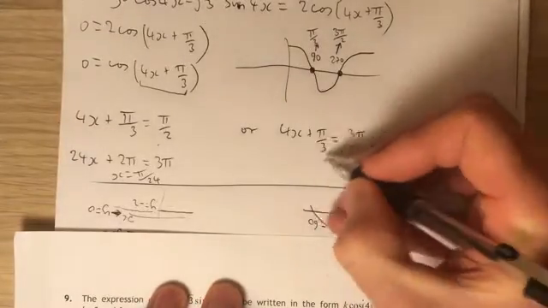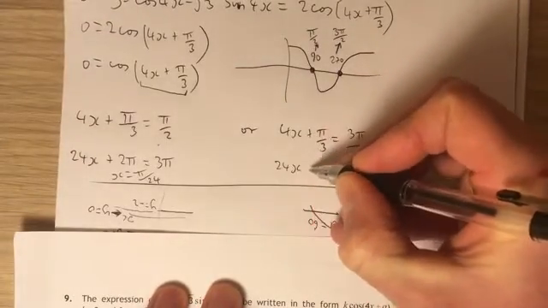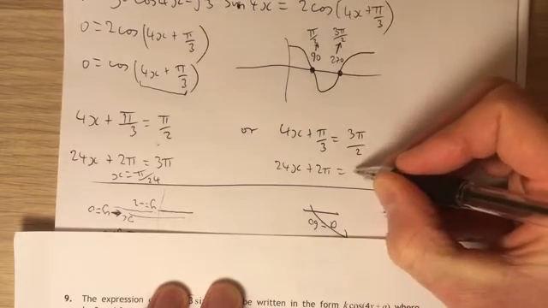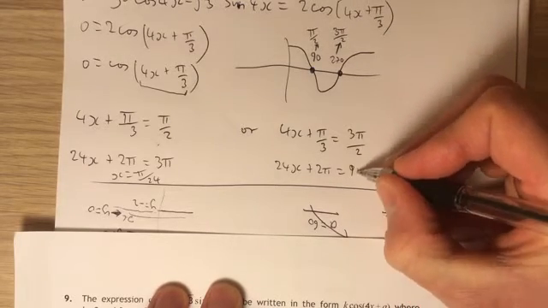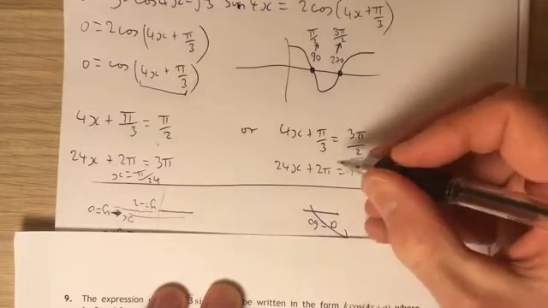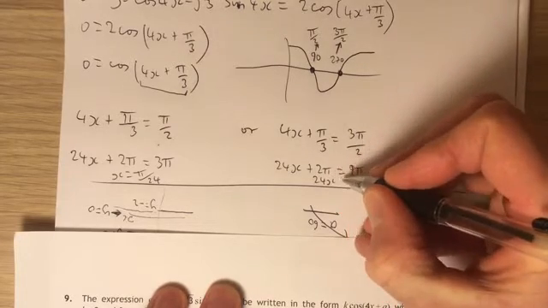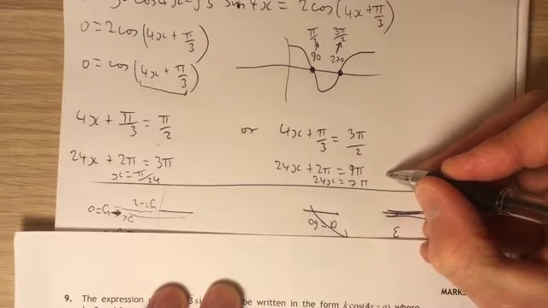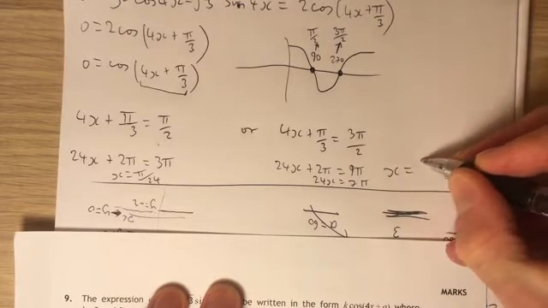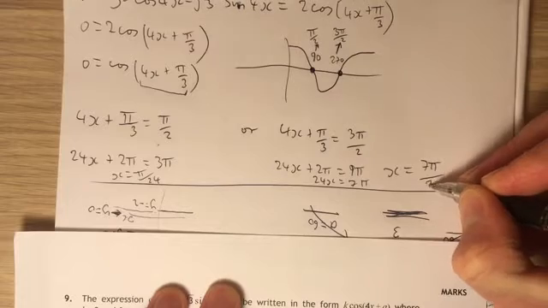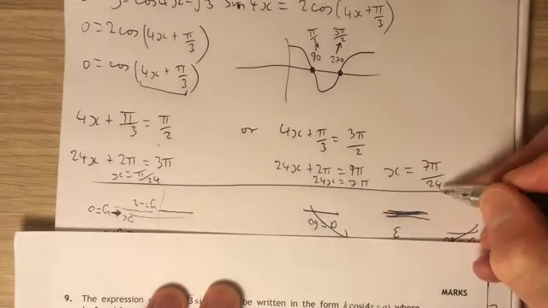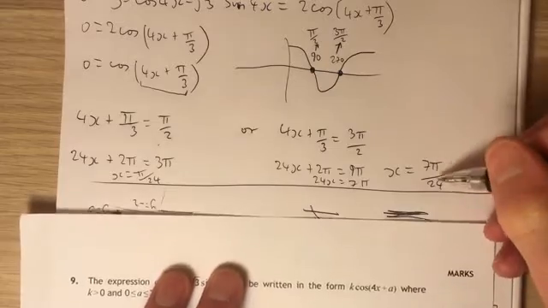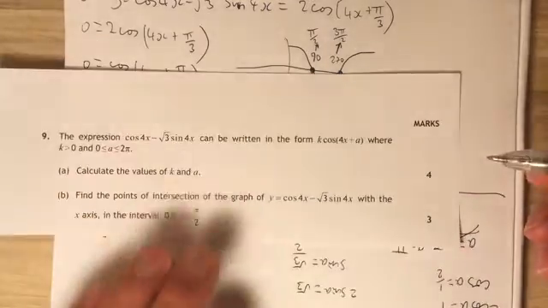Do the same thing here. 24x plus 2 pi equals, what's 3 times 3? 9 pi. Take that away and I've got 24x equals 7 pi, or in other words, x equals 7 pi over 24. Oh no, it's not quite a quarter. Anyway, that's a bit more than a quarter.